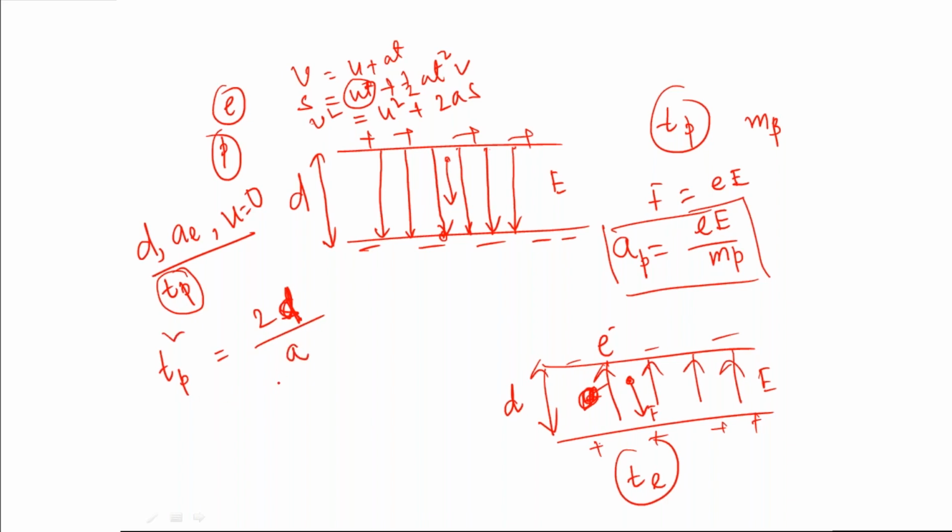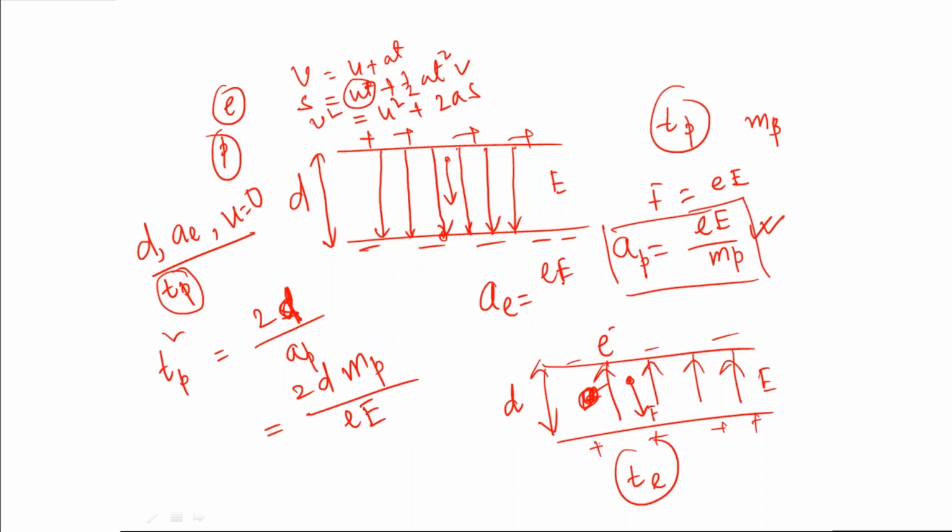So if I just put the value of the acceleration of the proton, eE by mp, mp will go up. Similarly, if you use this formula, acceleration on the electron will be eE, again the charge, I'll take the magnitude of the acceleration. So eE divided by me, right?